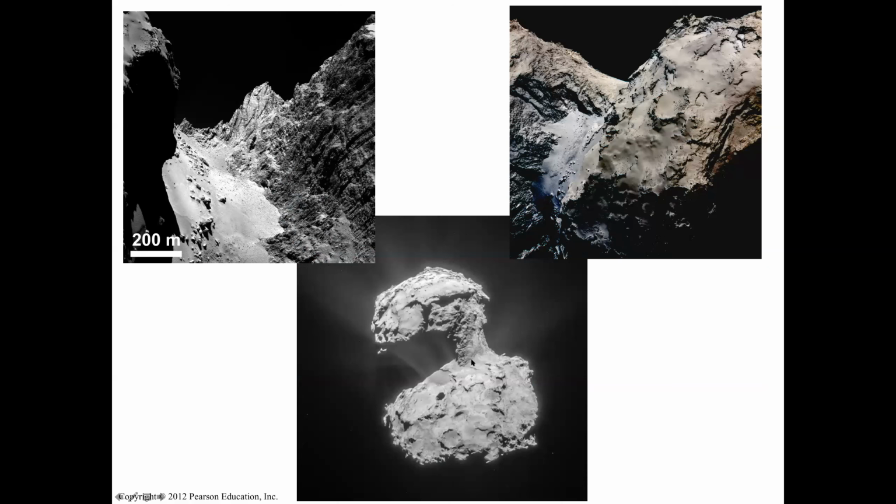So when we look at the formation and the composition of these two lobes, they are completely different. But since they have collided, we can sample two different formation histories in a single comet.